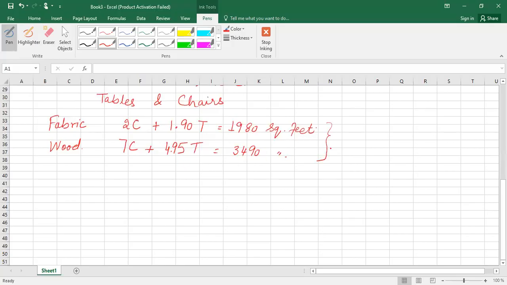These two equations are called limiting factors.